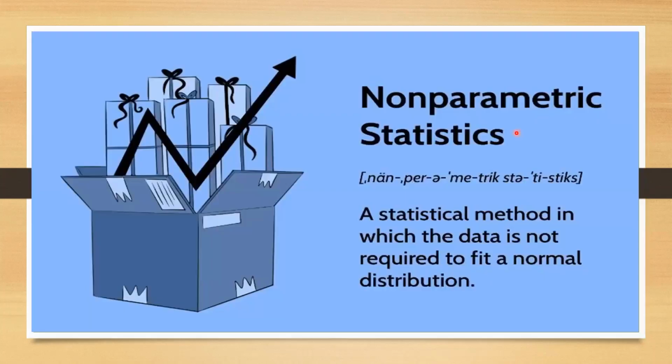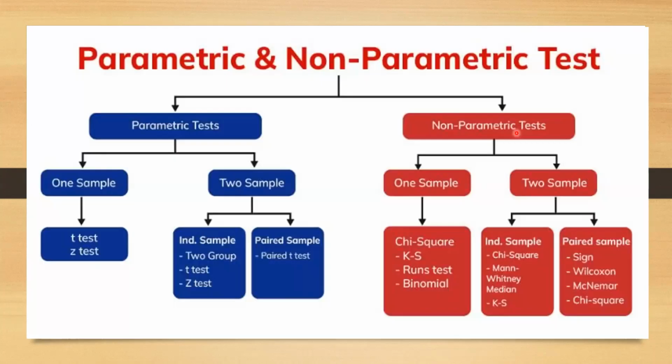Now, what is non-parametric test and parametric test? Parametric tests are tests in which normality of your sample is assumed. In other words, if you plot a graph of your sample, you should have a bell-shaped curve. Is that clear?